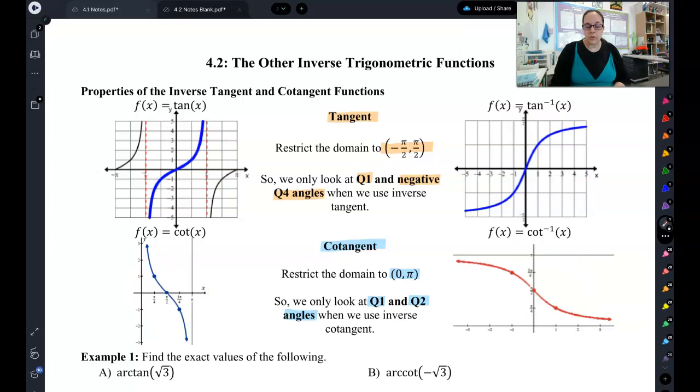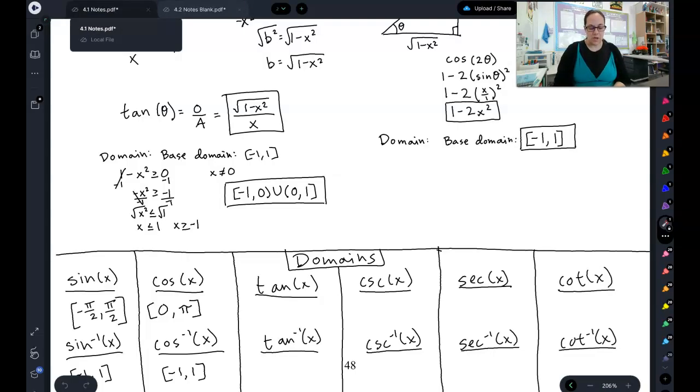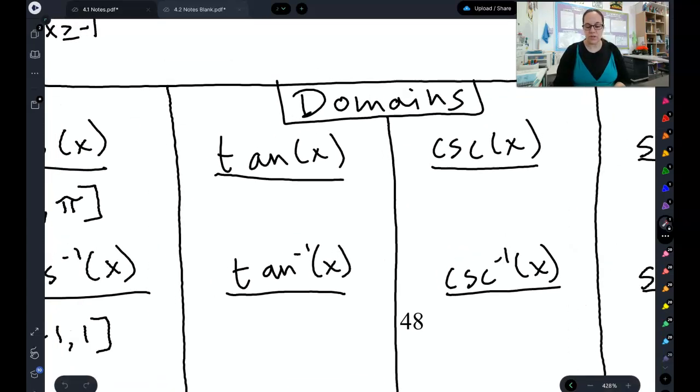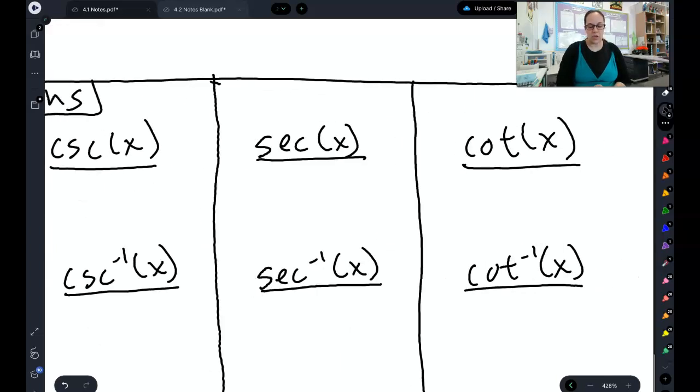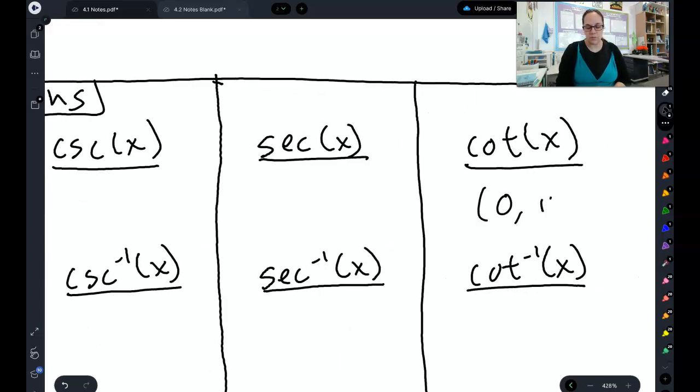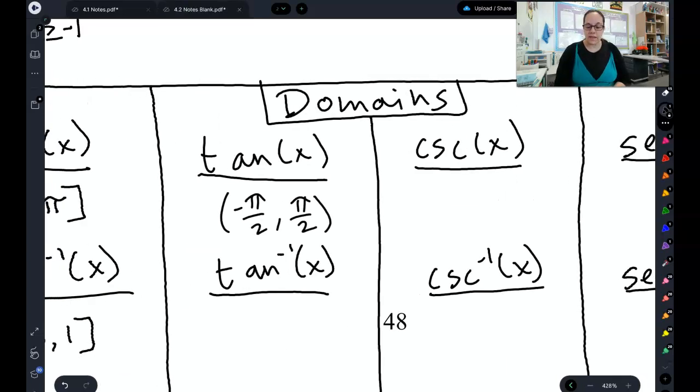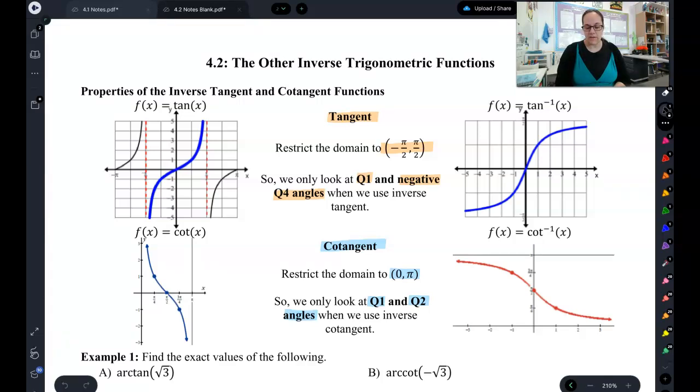Now, before we move on to our examples today, let's add these domains into the table that we made last time. If you remember, we made this table at the bottom of our 4.1 notes. Let's add in tangent and cotangent. So tangent, we just said, was negative pi halves to pi halves. And cotangent was 0 to pi. Very similar to sine and cosine. And let's look at the arctan and arccotan graphs.